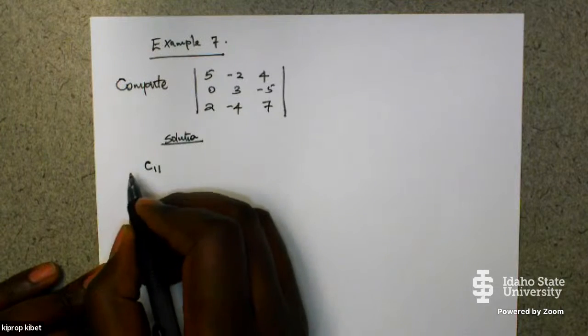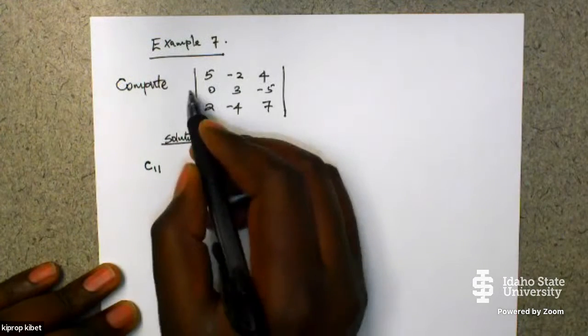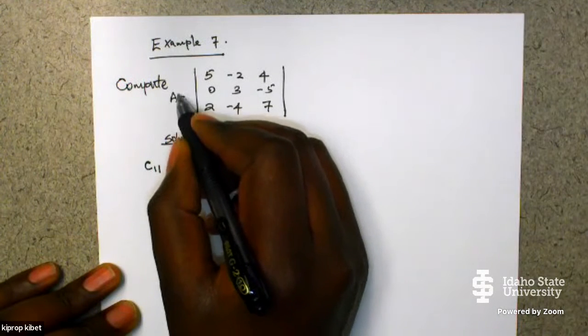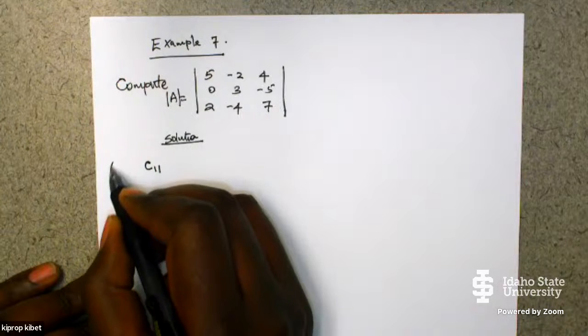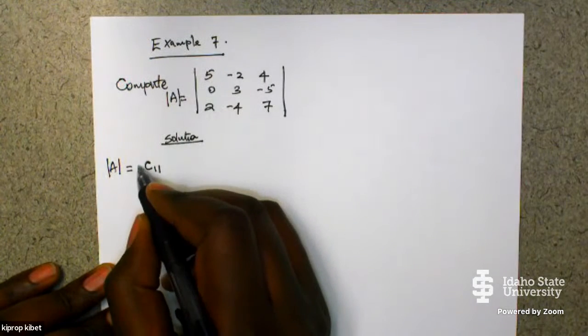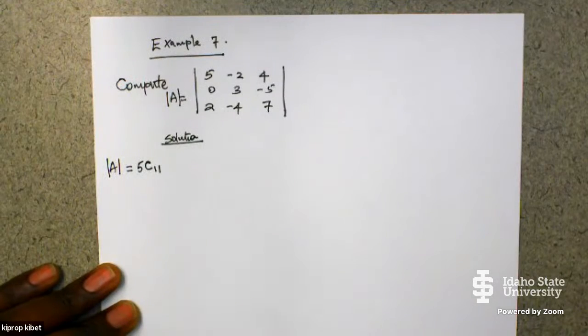So to get the determinant of this matrix, let's say A, then A is equal to 5C11.